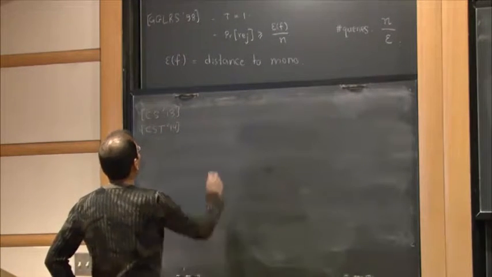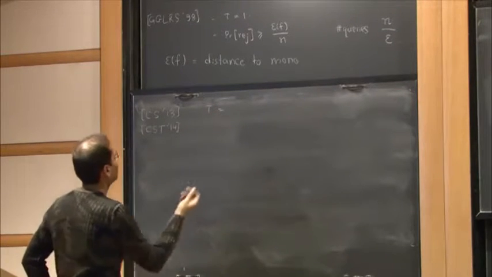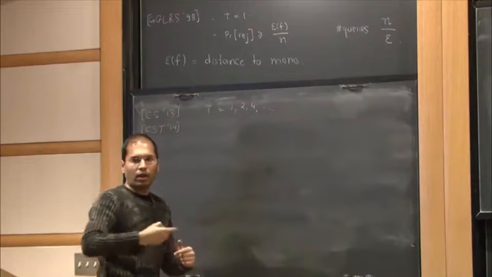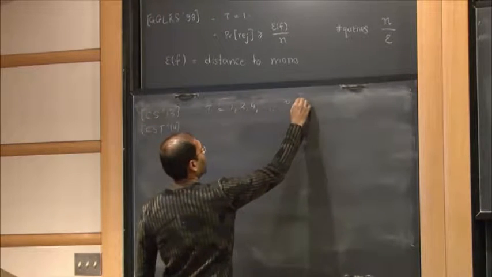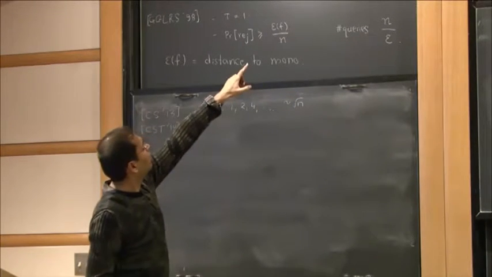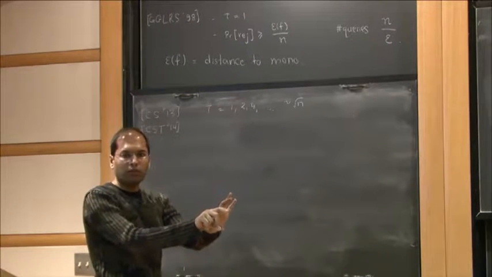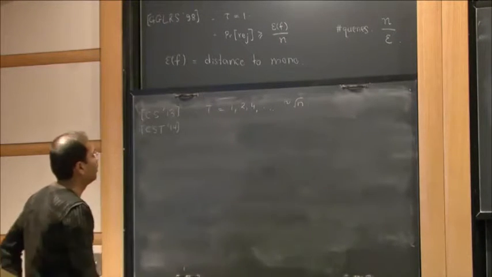So in their setting, tau itself is chosen at random. You could choose tau uniformly from powers of 2 up to roughly root n. You don't want to exceed root n because you want the inputs x and y to be roughly in the middle, right? Because those are the typical average inputs. So you don't want to go too far.